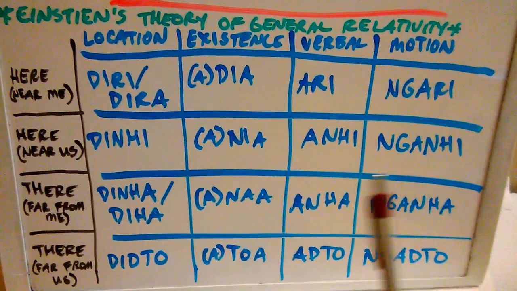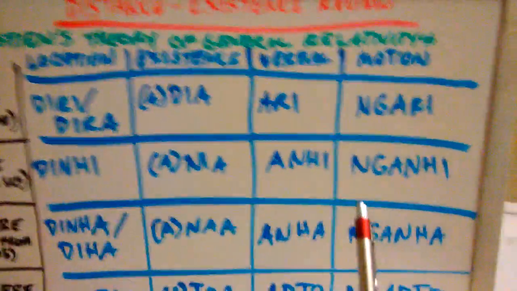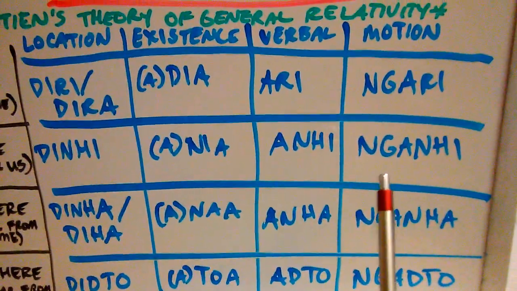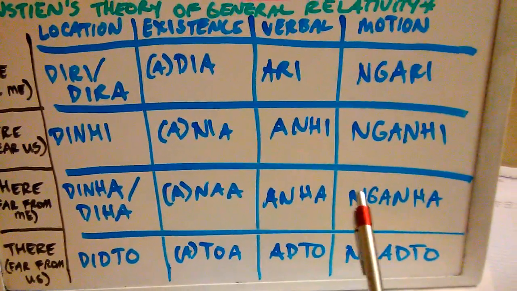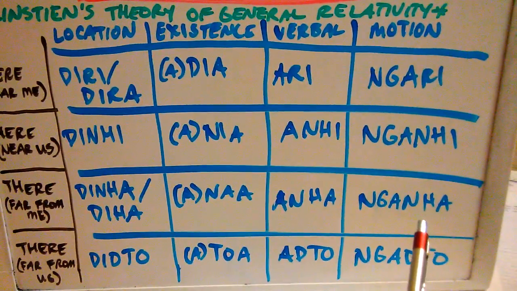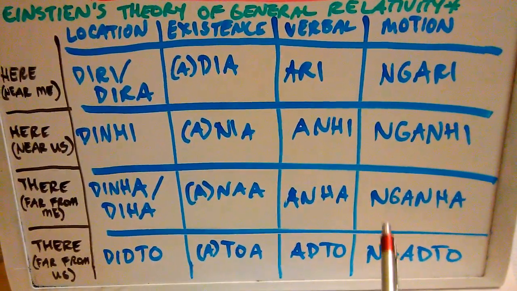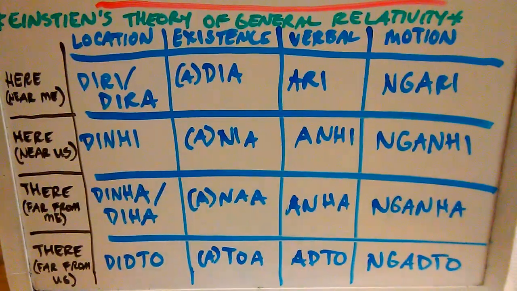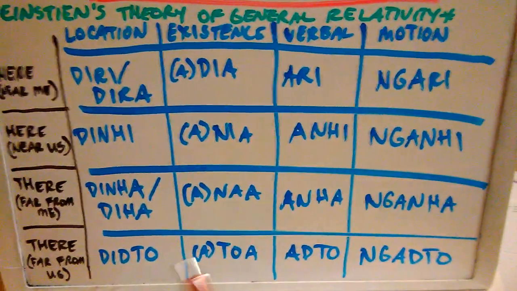A transference coming closer, very close transference. Nganhi is a transference that's close, but not as close as ngari. Nganha is a transference of something that's going far away. And ngadto is, okay, now you're definitely transferring something that's far, way beyond us.